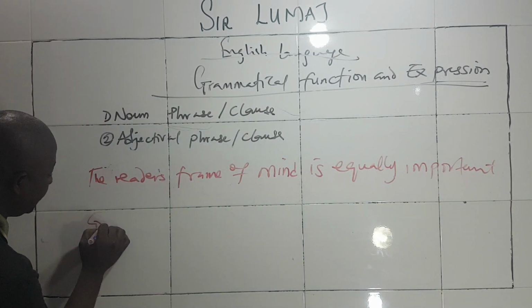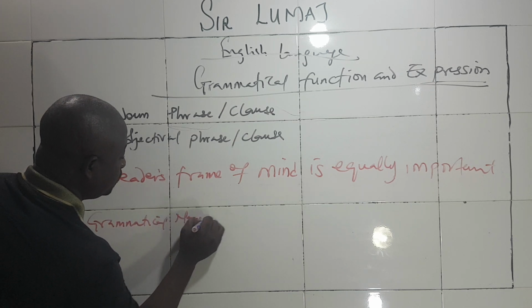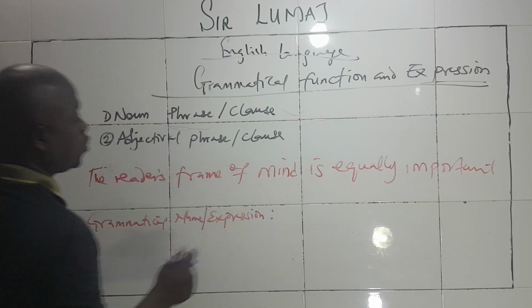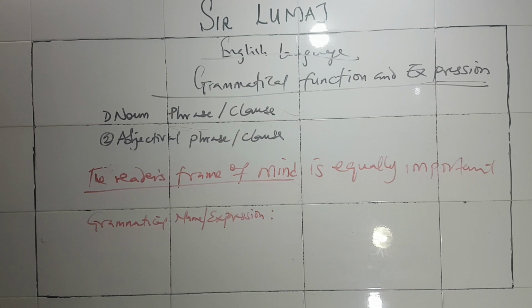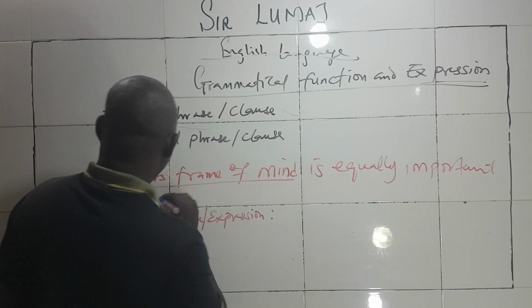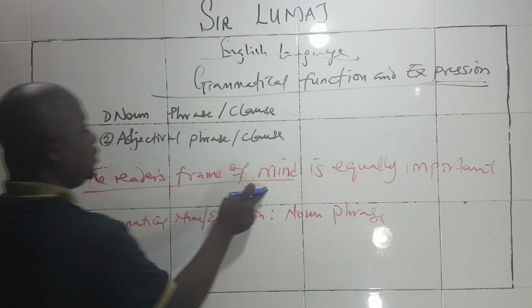The grammatical name or expression is what? Okay, I think I'll underline this. Grammatical name is what? This is a what? Noun phrase, because there is no verb in the underlying words.